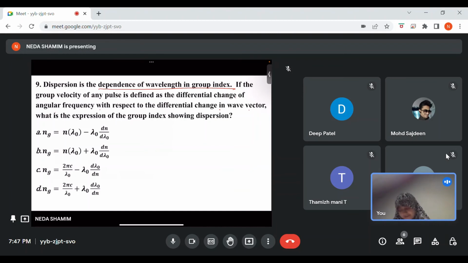Let me tell you what it means. Vg, the group velocity, is the differential change in angular frequency, given by omega, with the change in the wave vector, given by k. This term is known as the group velocity.